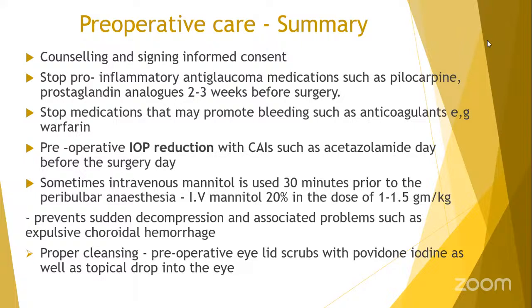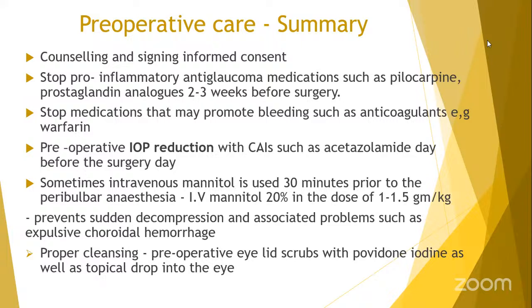Sometimes we may have to use IV mannitol 20% in the dose of 1 to 1.5 milligram per body weight, 30 minutes before surgery, all to reduce pressure so that you don't have such a sudden decompression. We're also thinking of how to prevent endophthalmitis.